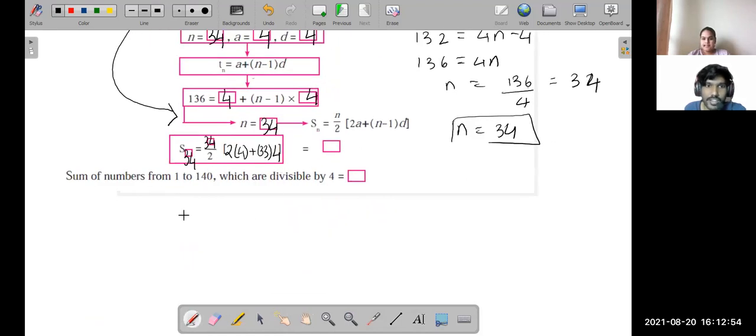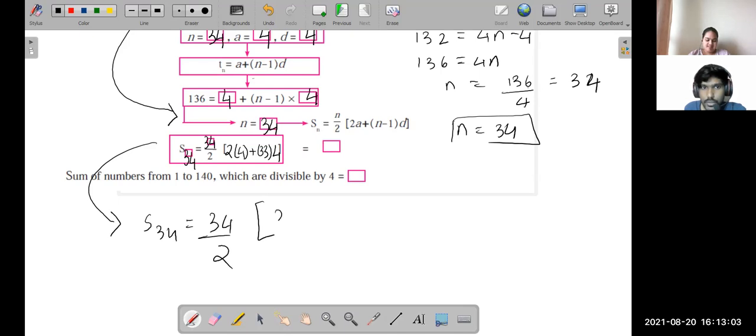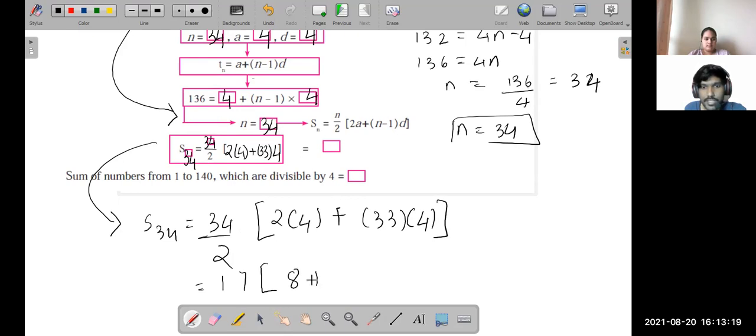So S34 is equal to 34 upon 2 into 2 into 4 plus 33 into 4. 34 divided by 2 is 17. 2 into 4 is 8, plus 33 into 4 is 132.